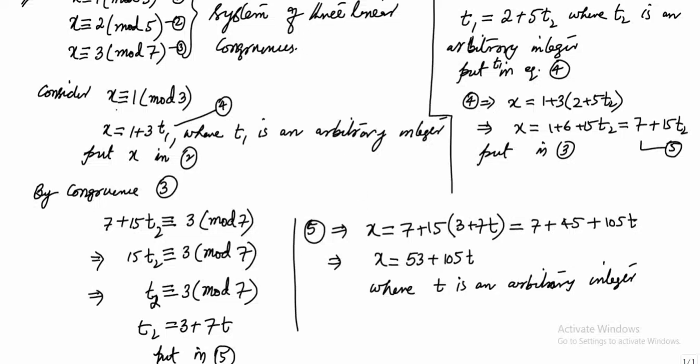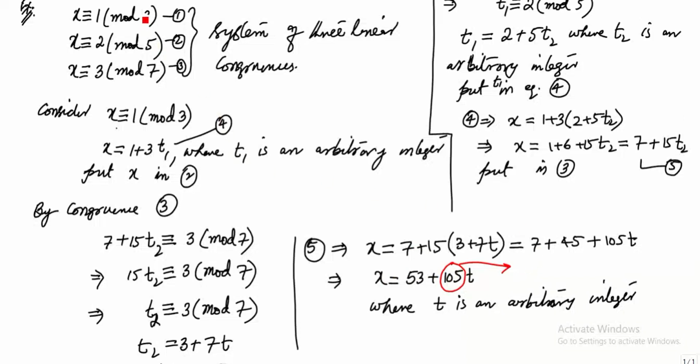Okay, so that's the solution, that's the answer. But if you consider 105, 105 is the product of the three moduli that are given here. So if you look at the three moduli, 3 times 5 times 7, that's the prime factorization of the coefficient of t.